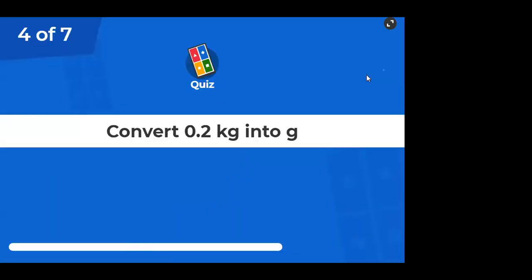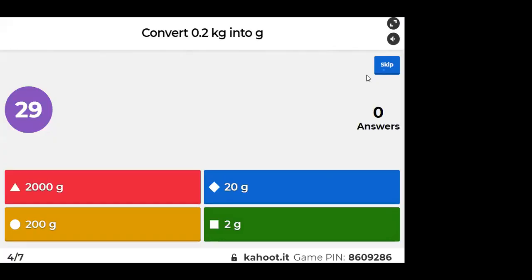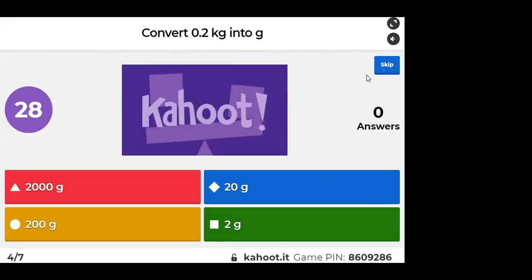Convert 0.2 kg into grams. A problem like this we have done in last class.